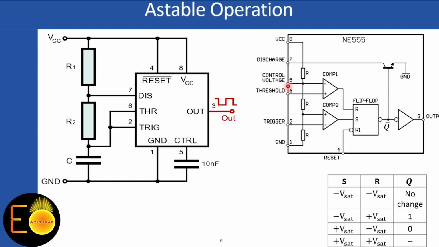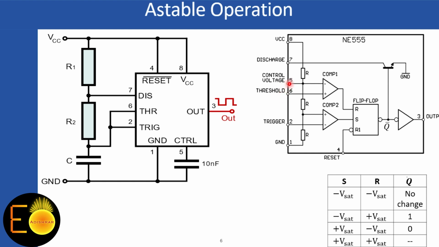So as you can see, the potential at this point is going to change much more slowly than the capacitor is charging and discharging, or the output is switching from plus VCC to ground and vice versa. As a result, the threshold voltage is going to change, and the width that is controlled by the threshold voltage, because the capacitor needs to charge beyond the threshold voltage in order to alter the output, is right now varying.